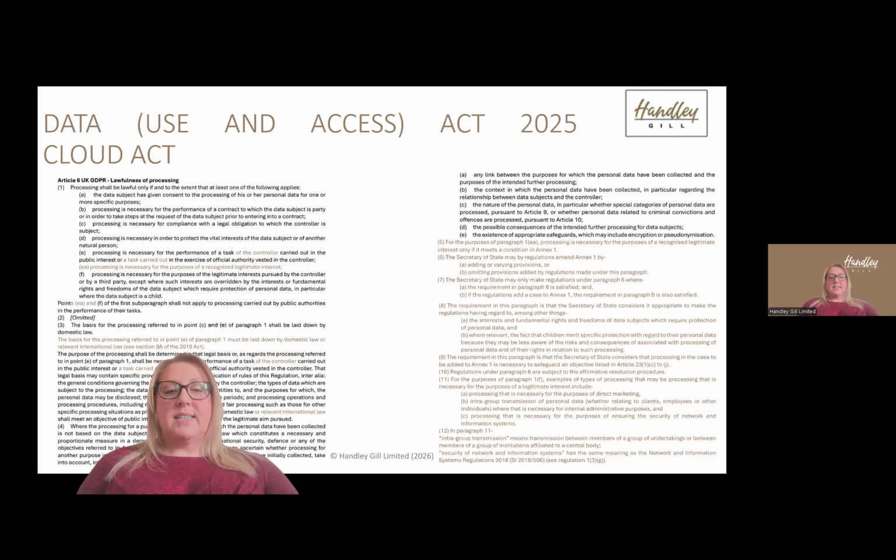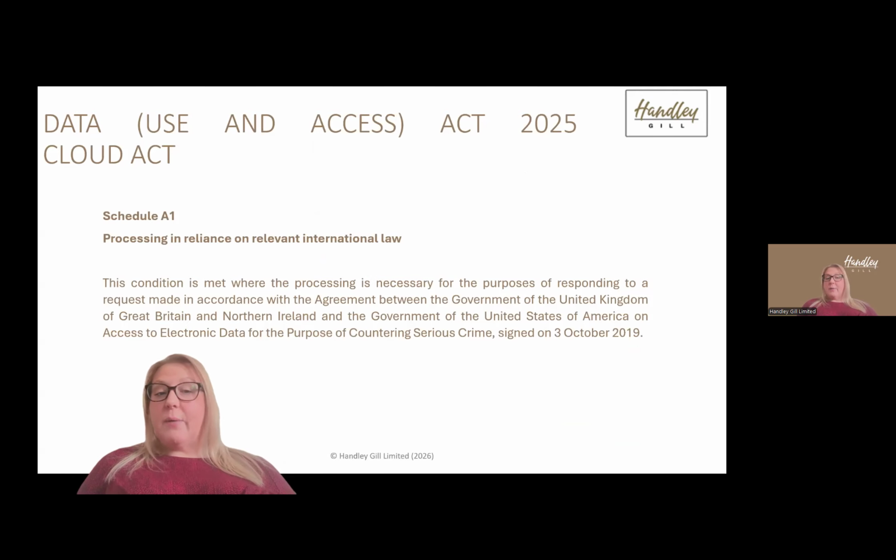So if processing is necessary for the performance of a task carried out in the public interest, or in the exercise of official authority, that is not now restricted to tasks laid down by domestic law. It is extended to relevant international law, and that relevant international law, for now at least, is essentially what's commonly described as the Cloud Act. It's the agreement between the government of the UK and the government of the US on access to electronic data for the purpose of countering serious crime.